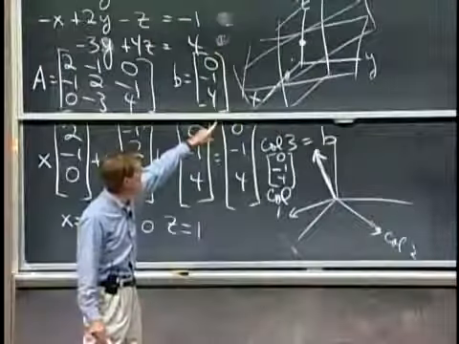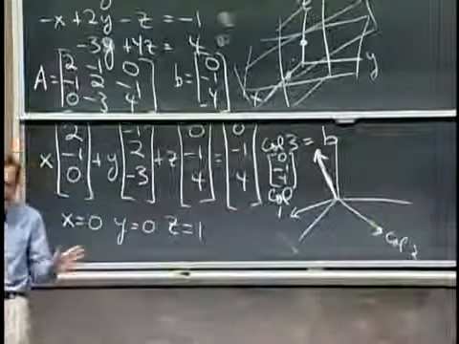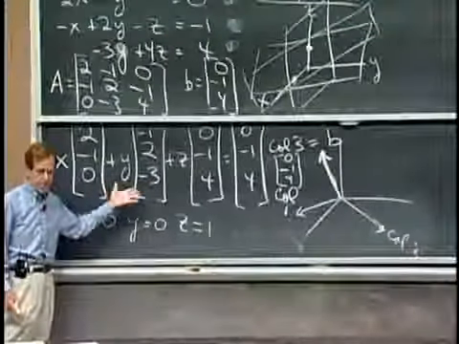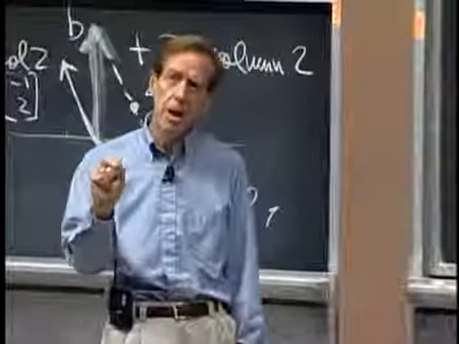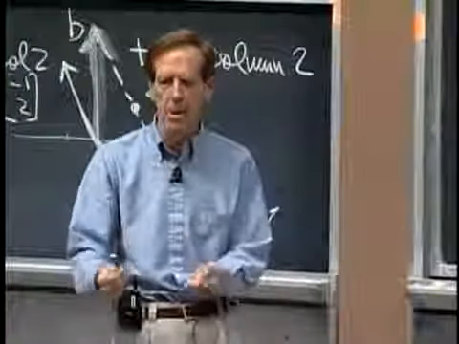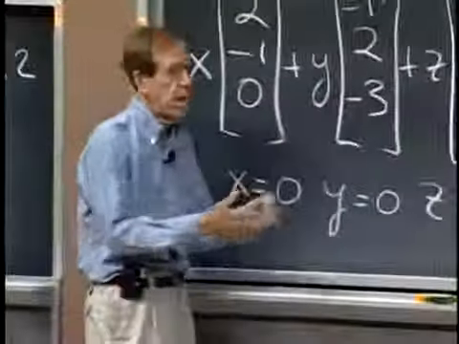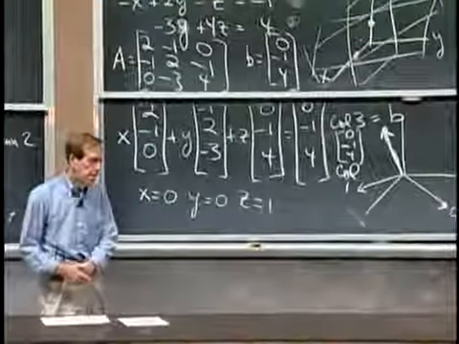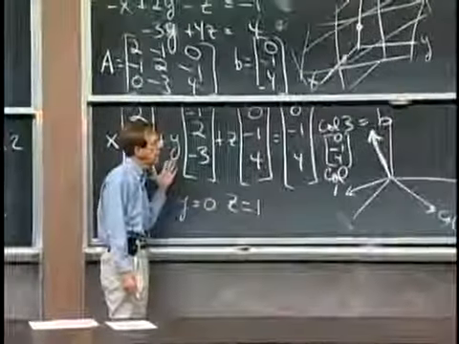So somehow that's the point where those 3 planes met, and I couldn't see it before. Of course, I won't always be able to see it from the column picture either. It's the next lecture, actually, which is about elimination, which is the systematic way that everybody, every bit of production, large-scale software would solve the equations.